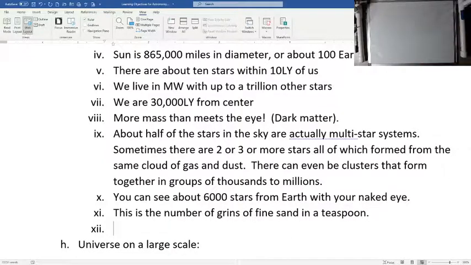This is the number of grains of sand, of fine sand, in a teaspoon.